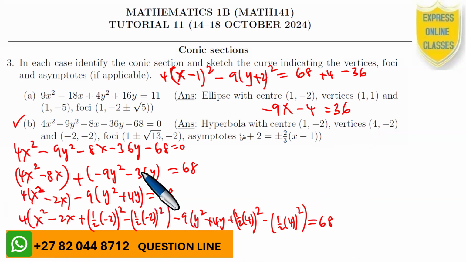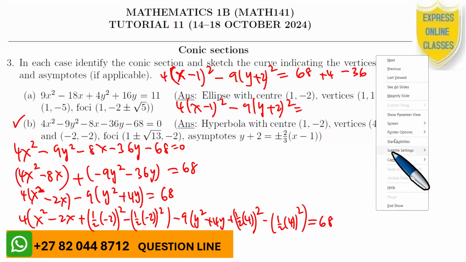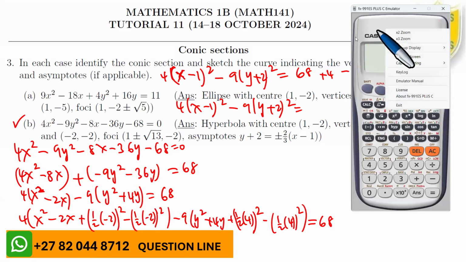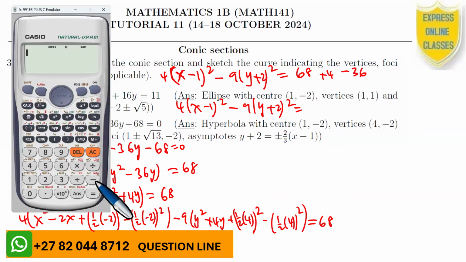Let us simplify this. This is 4(x minus 1) squared minus 9(y plus 2) squared. You need to add these things: 68 plus 4 minus 36. To make sure we get the correct answers, we can use the calculator, but we can still do it without the calculator. It's not a question of the calculator.